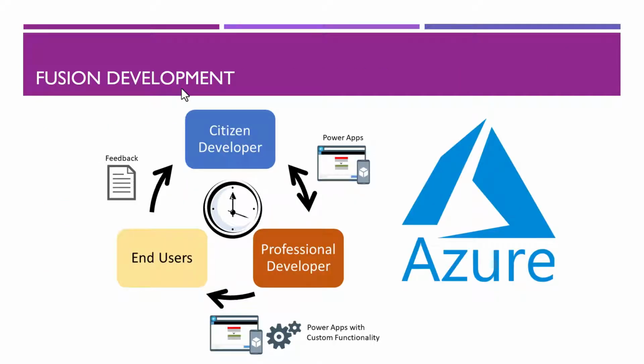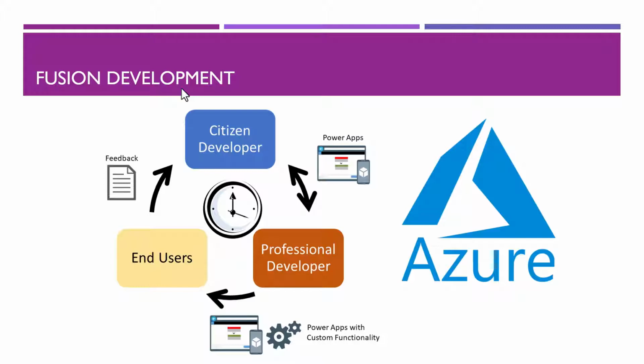And so if we looked at this in a more graphical format, or even a more traditional format, you see that the citizen developer, the professional developer, and end users kind of go in this cycle. And there's always feedback that comes back from the end user that would go to the subject matter expert and or the person in IT designated toward providing these solutions, and they'll deliver Power Apps either on desktop or mobile.